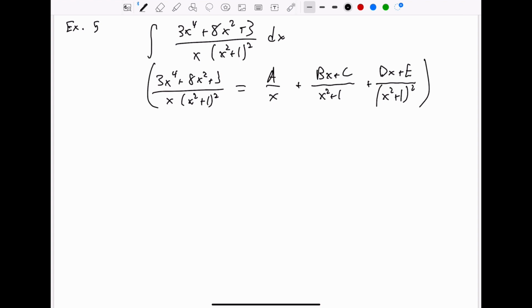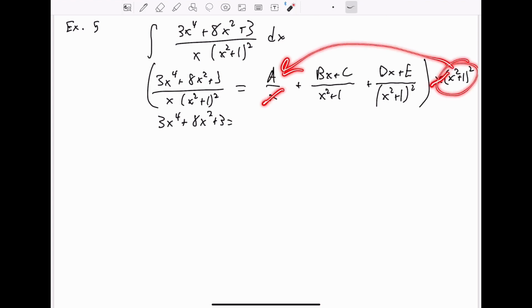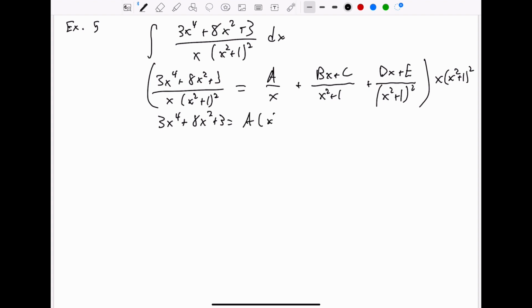So I multiply both sides of the equation by x times x squared plus 1 squared, and I distribute this through and try to simplify. On the left-hand side, the denominators always cancel, and we just have the numerator. On the other side, when I distribute to the first expression, the x's will cancel, and I will have A times x squared plus 1 squared.